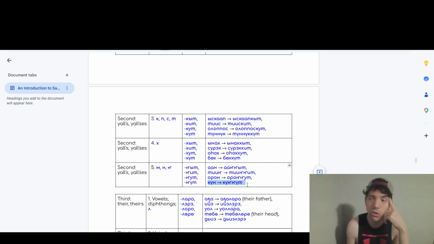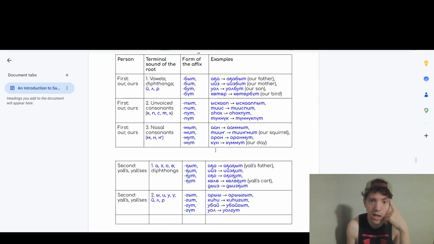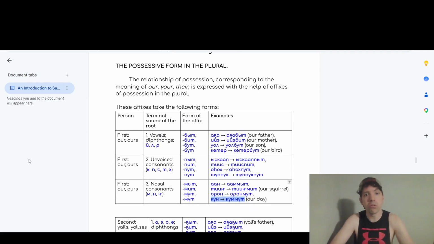Kun, kun, kun. I'm having a little trouble with that double n. Kun, something like that. How do you say our day? Kumut. So some of the final sounds will change as we've learned before. We're just going to drill through it real quick.